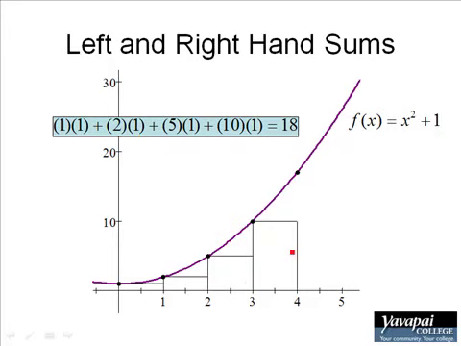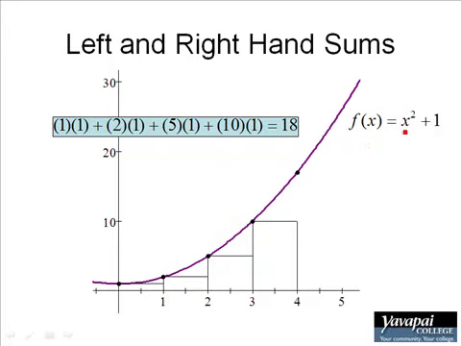If I go to the third rectangle, what you'll notice is that it takes its height at x equals 2. So when I put 2 in here, I get 2 squared plus 1, that's 5. So this rectangle is 5 high, 1 wide. So in my sum up here, I have a term that's 5 times 1. The last rectangle has its left-hand side at 3.